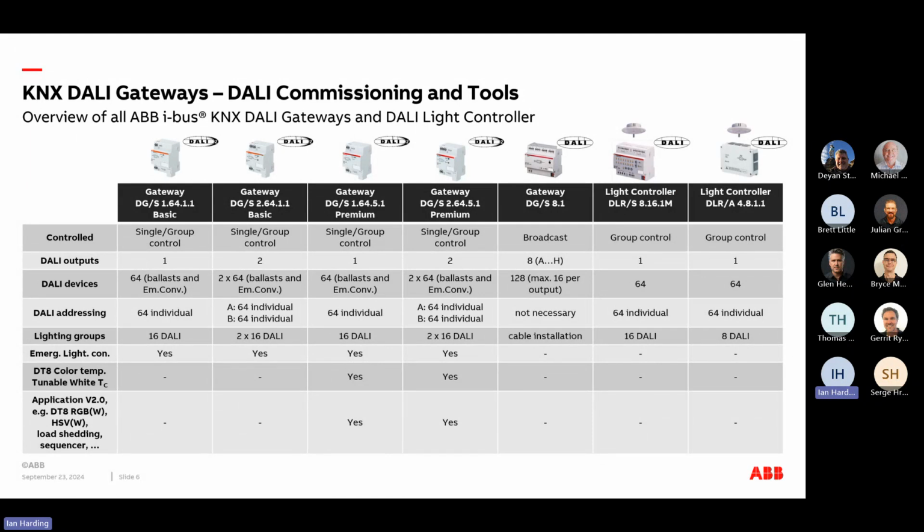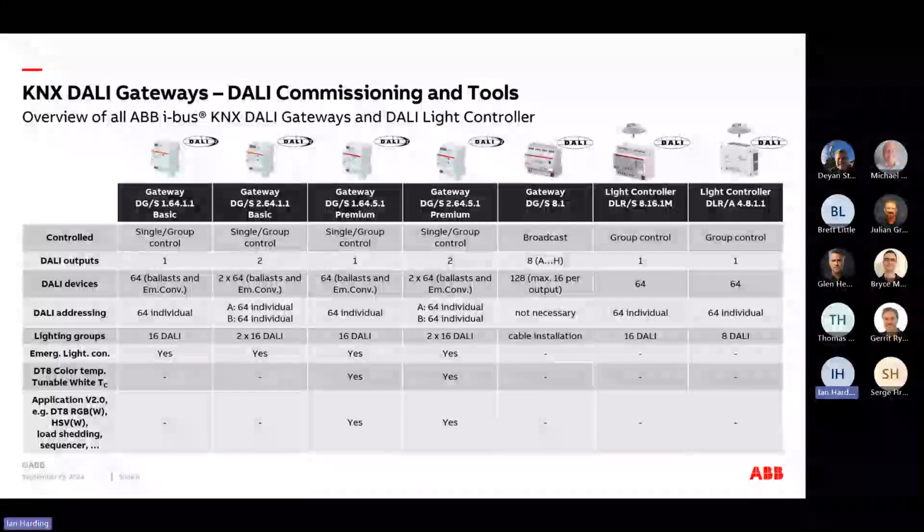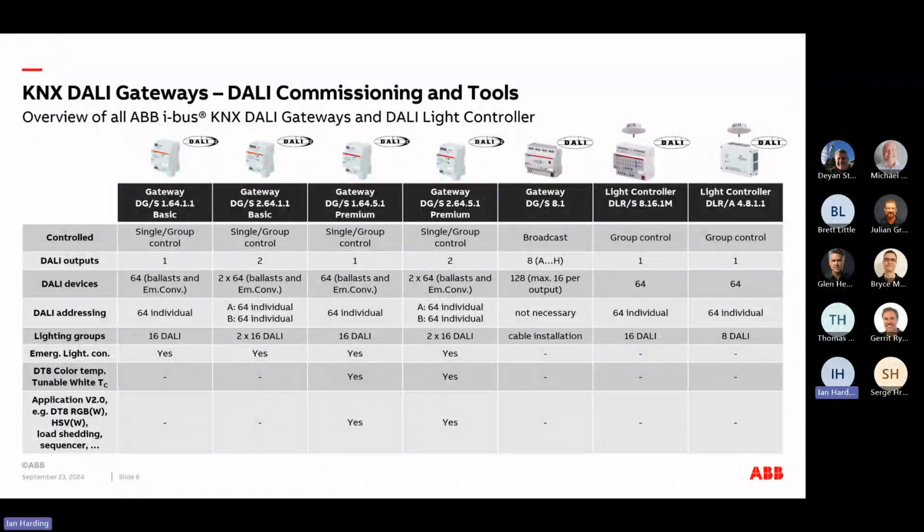The DGS 26411 expands on that by having 2 channels, and we can have 64 fittings on channel A and channel B. If we start looking at the premium gateways, we have a 1-channel and a 2-channel premium gateway. Here we start looking at DT8 color control, and we have extra applications for human-centric lighting, for load shedding, for sequences, and all this extra stuff is built into the DALI gateway.